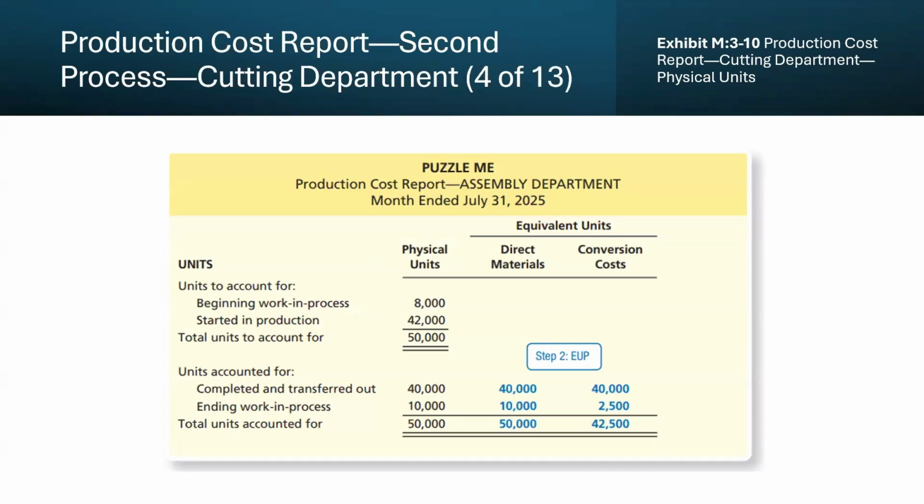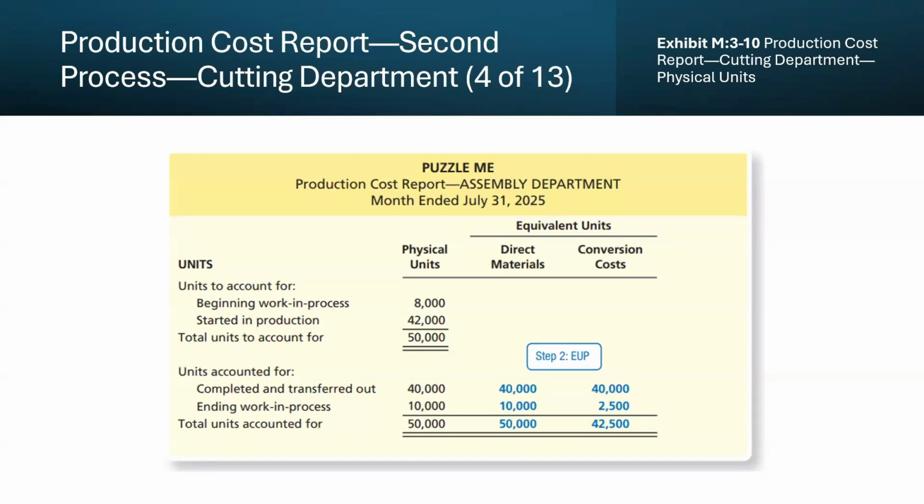To account for equals accounted for. We are now ready to record this information on the company's production cost report. Here you see in Exhibit 3-10, it shows the units to account for and also units accounted for.